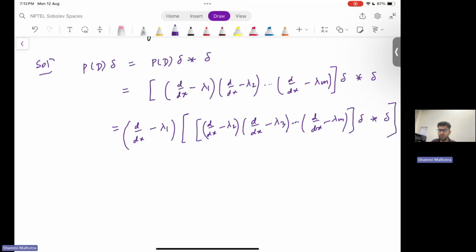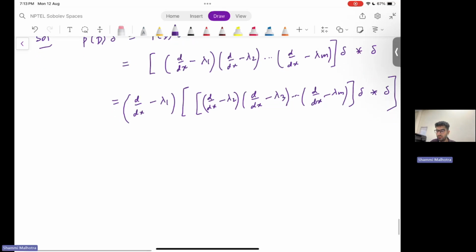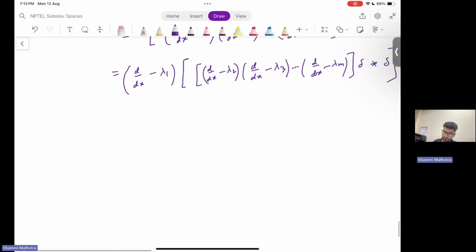So basically we are taking the derivative out of the convolution, since we have compact support distributions. Then I can throw the derivative to the second factor.